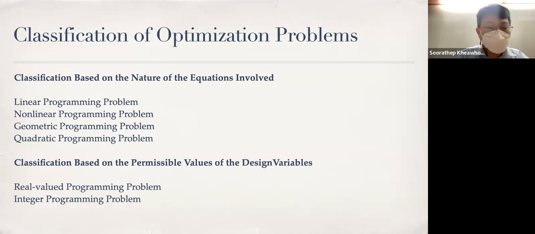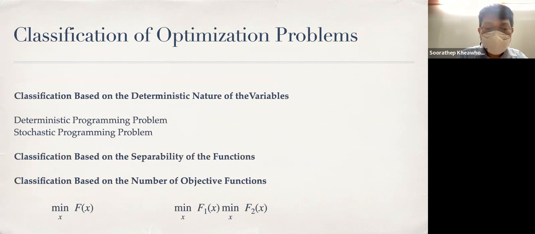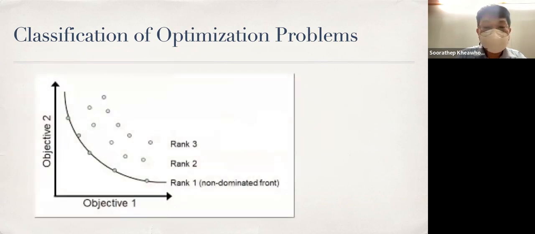And real-valued programming problems, for the rest, the decision variable can take any value. And what else? Classifying based on the deterministic nature of the variables, classification based on the separability of the function, also the number of objective functions.